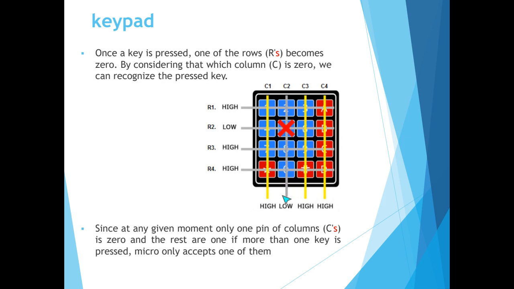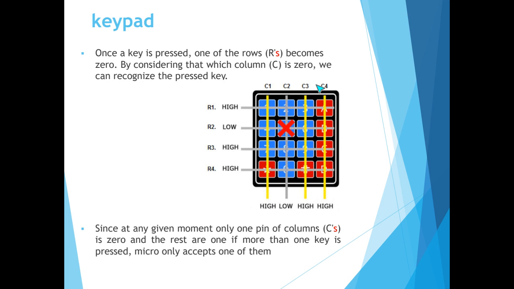So what we can understand is that all of the rows at the first state have high voltage, and all of the columns have high voltage, but we start to make each of the columns 0 respectively, at first C1, C2, C3, C4.